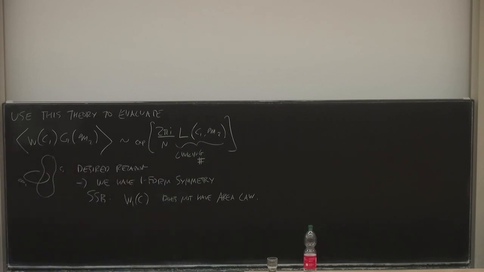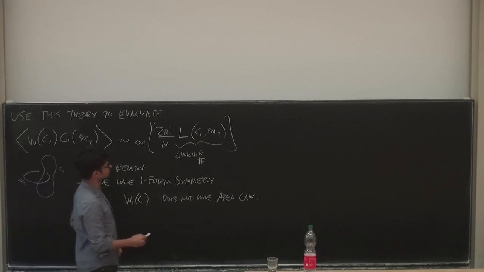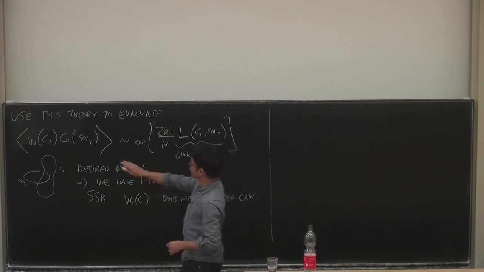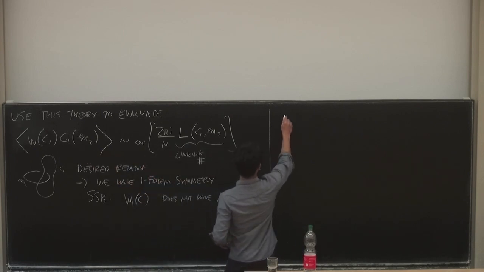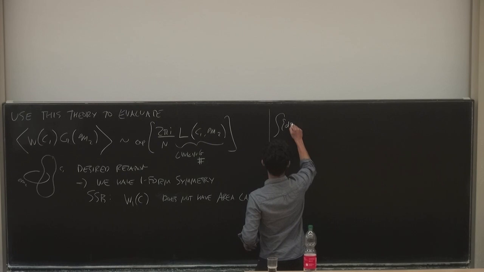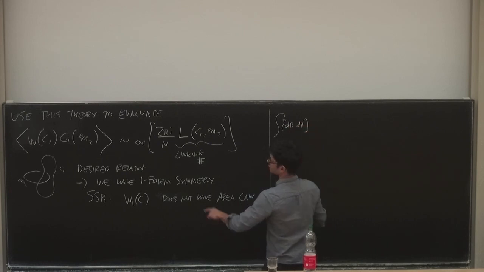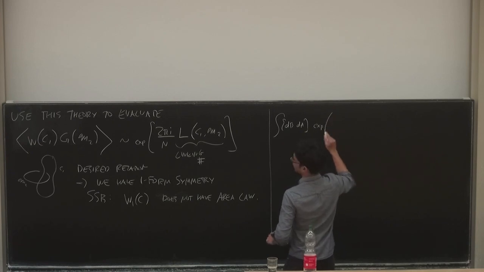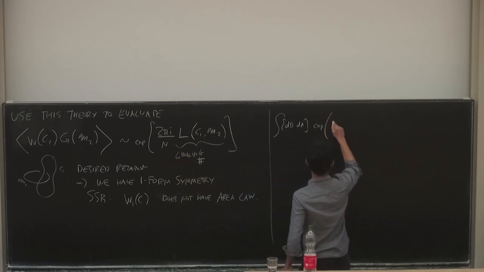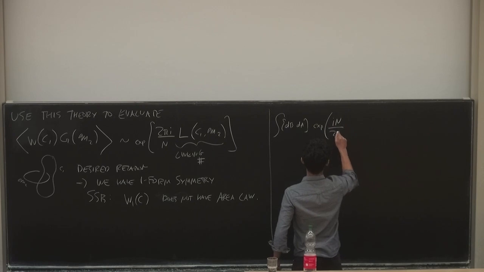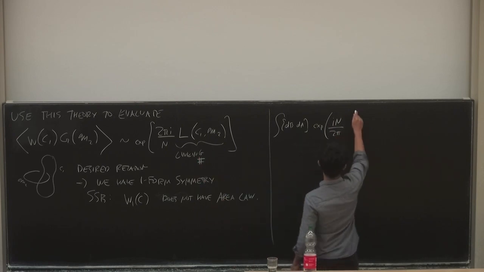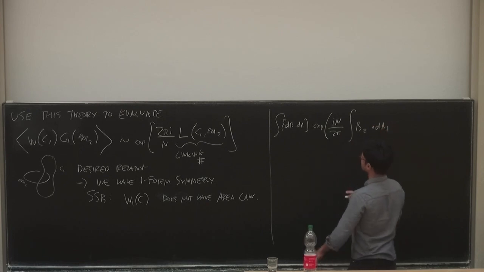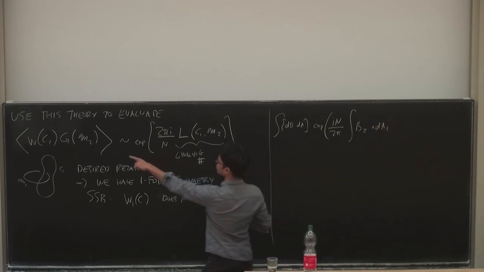To understand this relation, imagine looking at the on-shell action with these two things inserted. Say I want to calculate this. You imagine doing the path integral over dB and dA in the presence of those Wilson lines. So what am I path integrating over? I have first that action over there, times this thing, over 2 pi, and now I'm calculating this object.